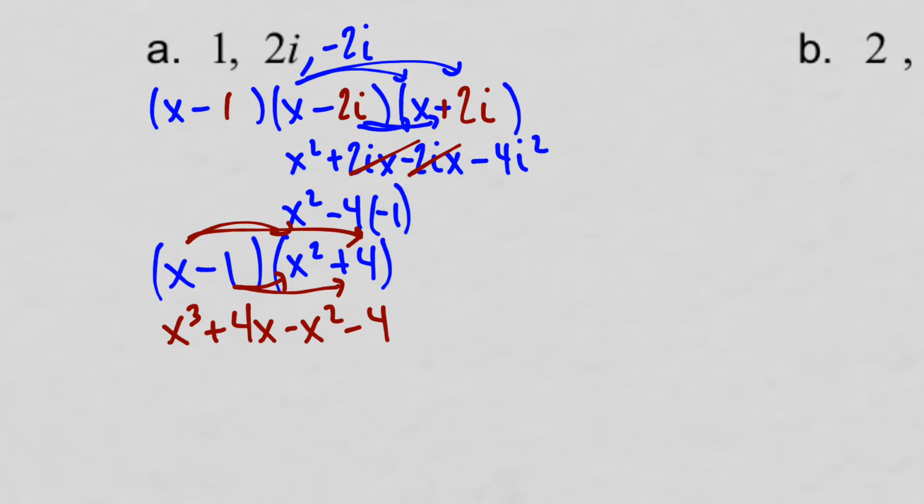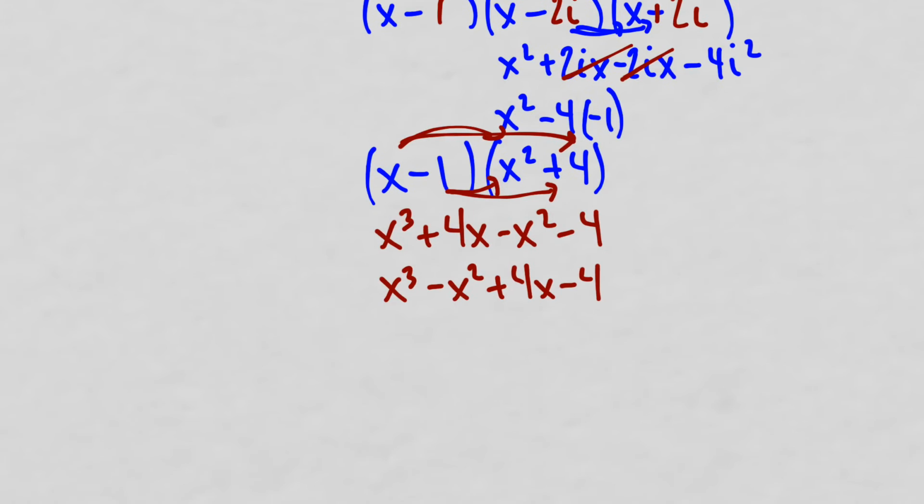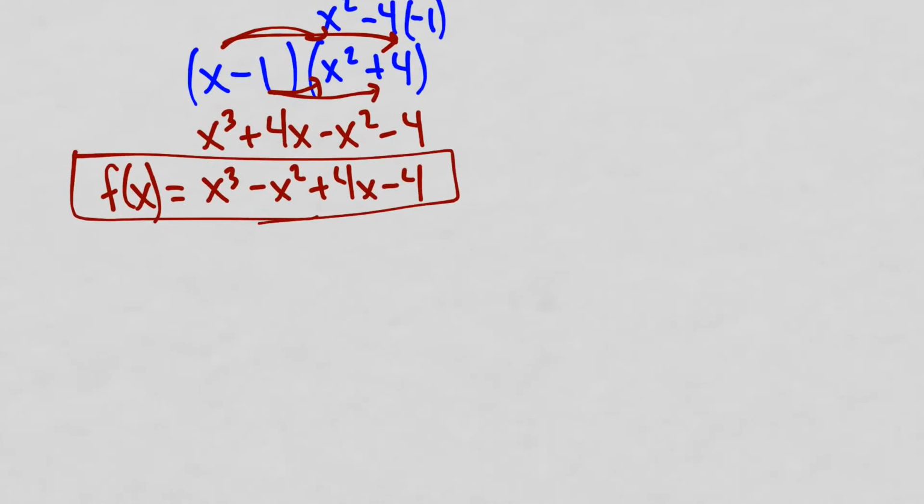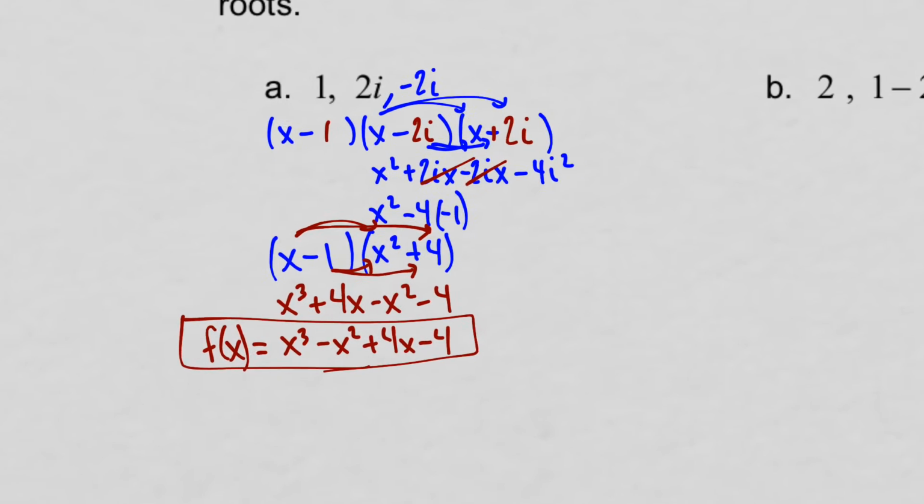Put them in standard form, which means that these two need to be switched so that they're in order. And it's going to be x cubed minus x squared plus 4x minus 4. There you go. That is your final function. They didn't tell us what to call it, so I'm just calling it f of x. And that's your final function for that one.